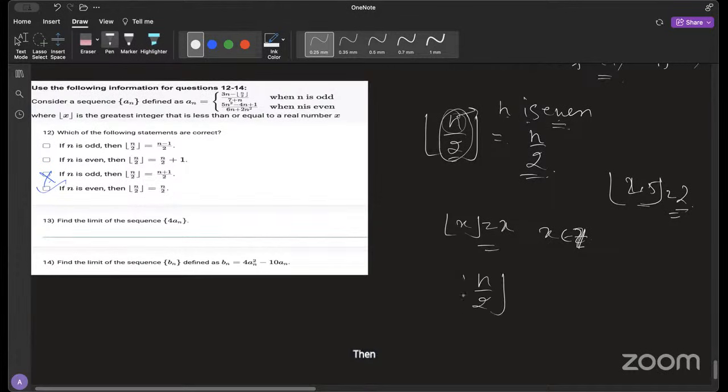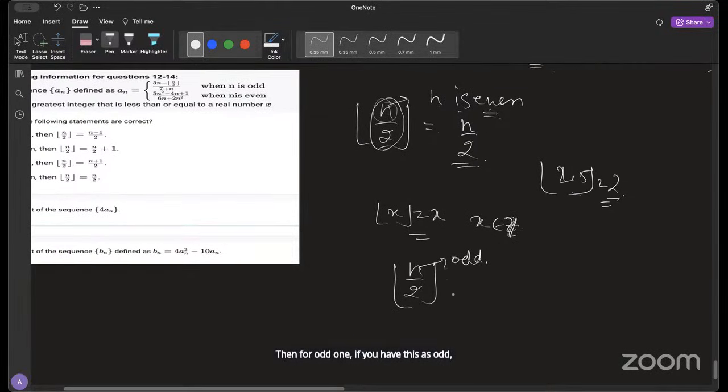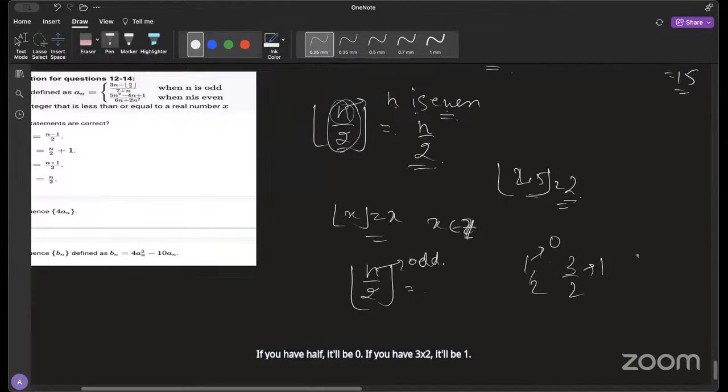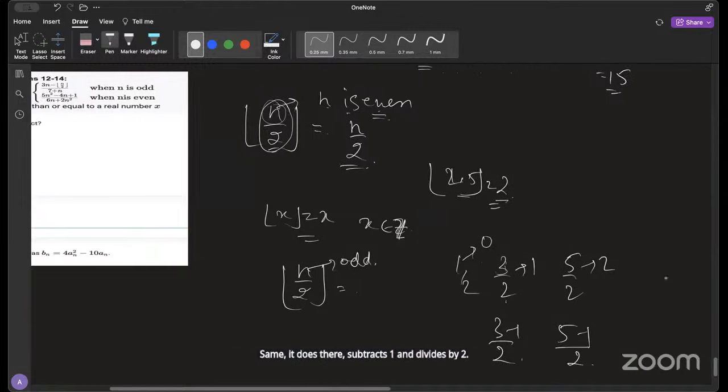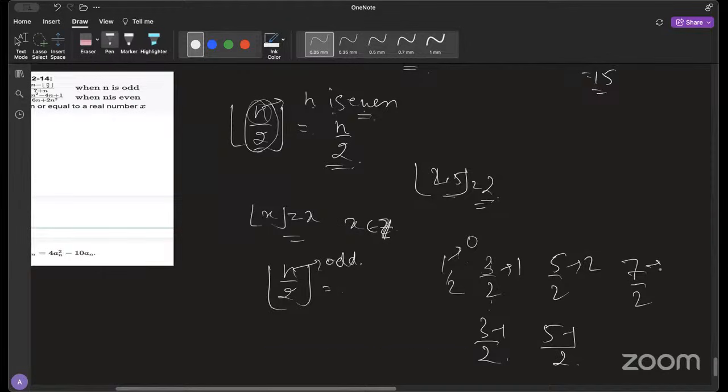Then for the odd one, if you have n as odd, let's say you have 3. If you have 3 by 2, it will be 1. If you have 5 by 2, it will be 2, right? So what it does is, you can't divide directly by 2, but it subtracts 1 and then divides by 2. 7 by 2, you're going to get 3.